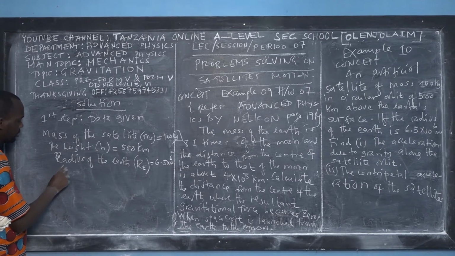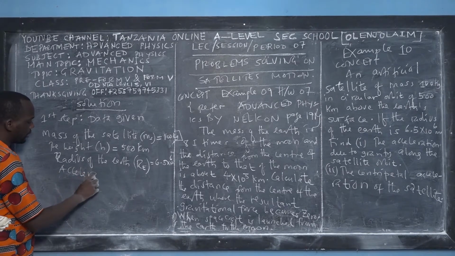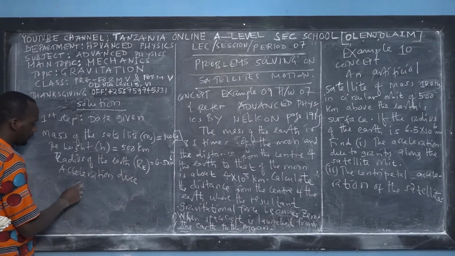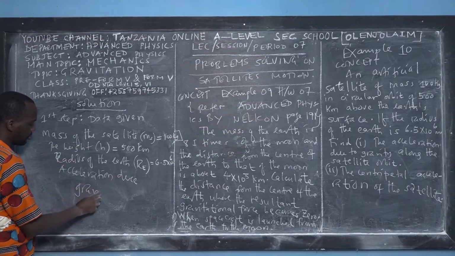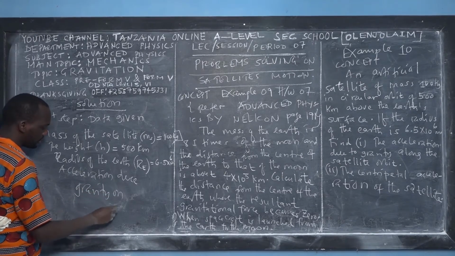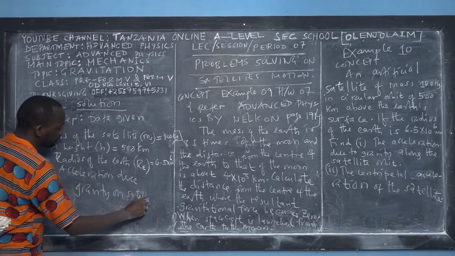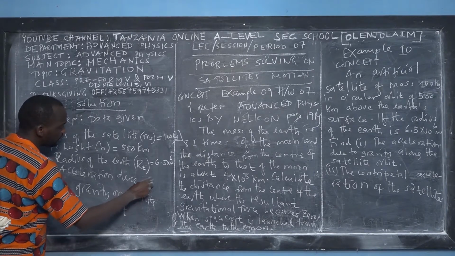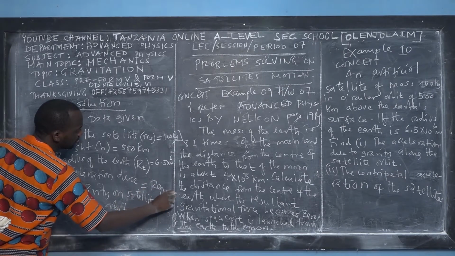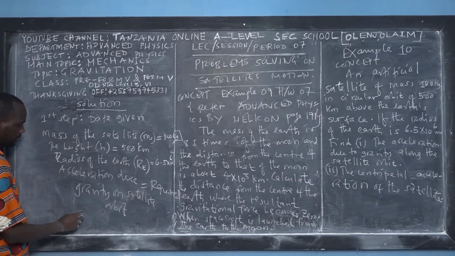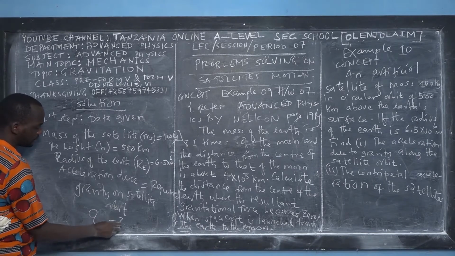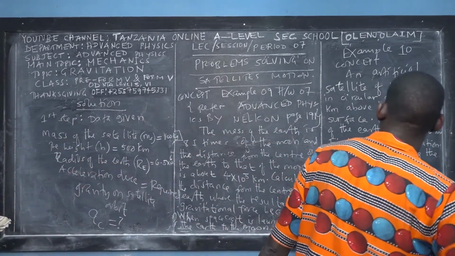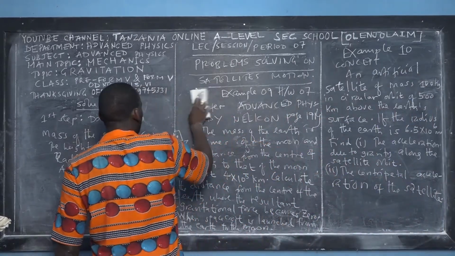What's required? We are required to find the acceleration due to gravity on the satellite orbit. This is required. Also, we have to find the centripetal acceleration. Interesting. Make sure you do this homework.